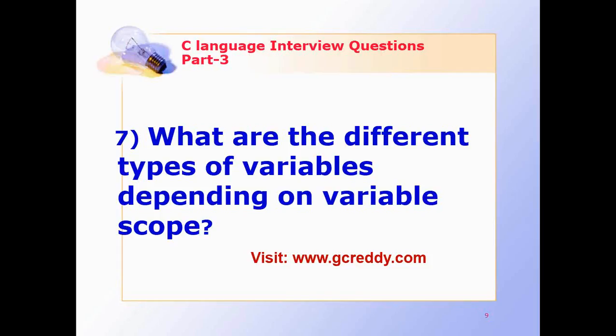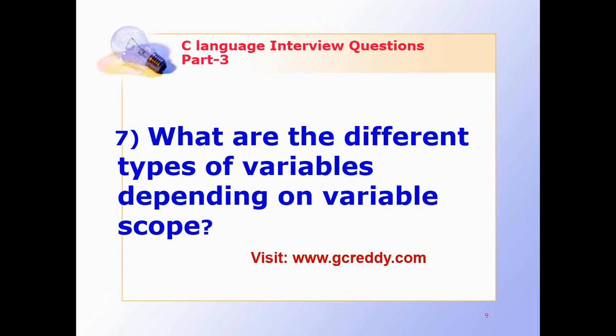Local variables. Local variables are declared within a function definition and thus could only be accessed from within that function in which it is declared. Thus, local variables have their scope local to the function in which they are declared and are unknown to other functions outside their own function.